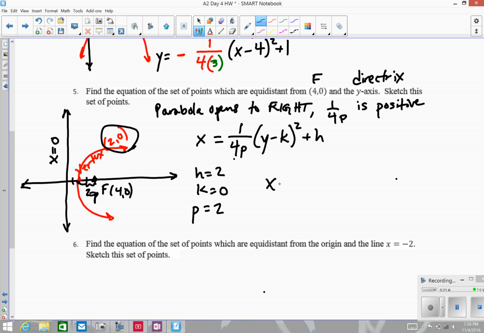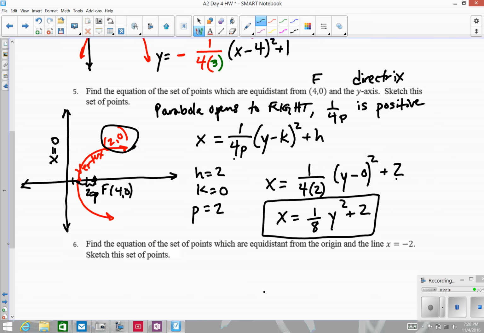I'm going to go ahead and write this equation. X equals 1 over 4 times the value of p, which is 2, times y minus a k value of 0, quantity squared, plus an h value of 2. Cleaning this up, I get x equals 1 over 8 y squared plus 2.